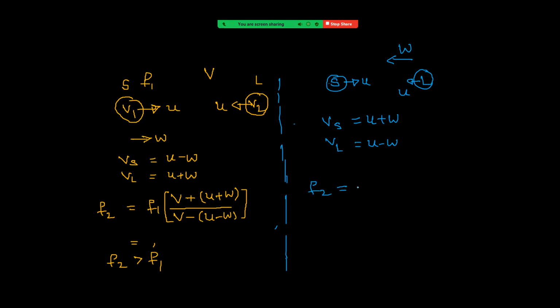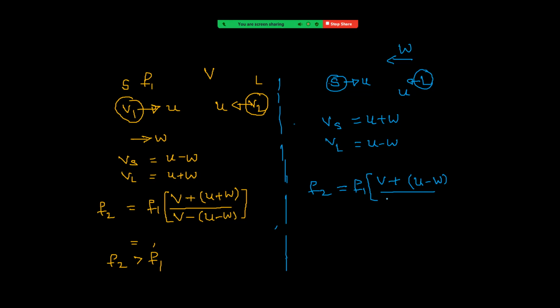Now substitute these values. See what we get. f2 equal to f1 times... you can see the listener is moving towards the source, so we have to write v plus u minus w in the place of v.